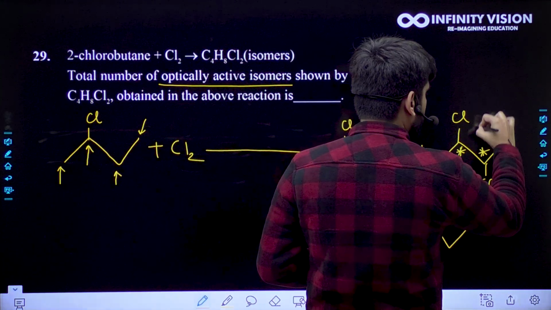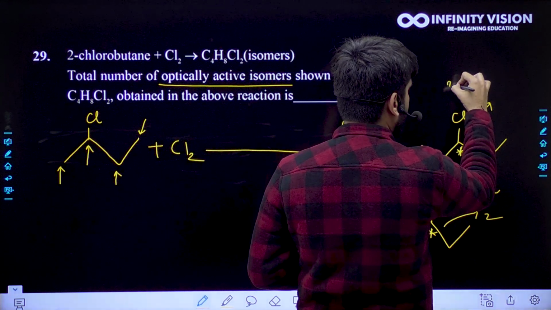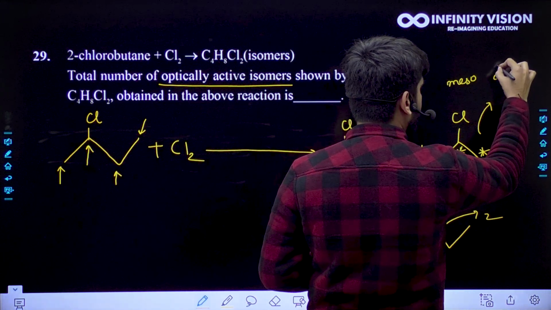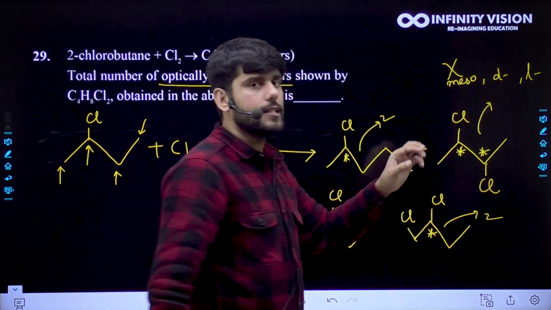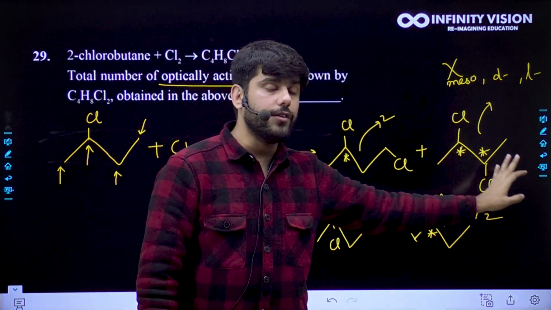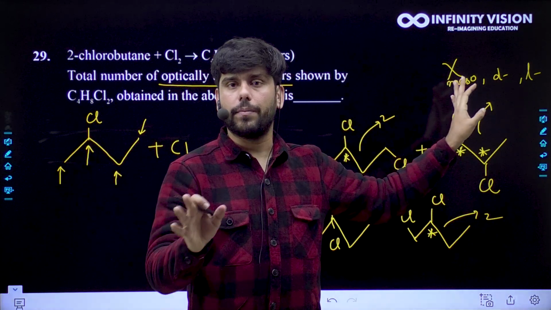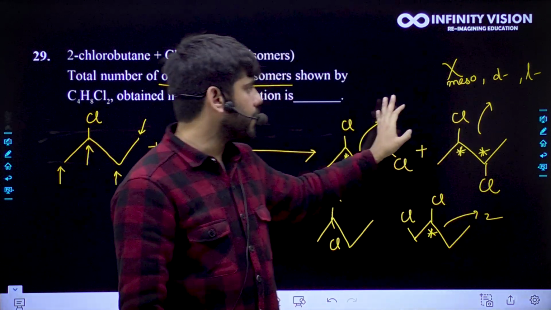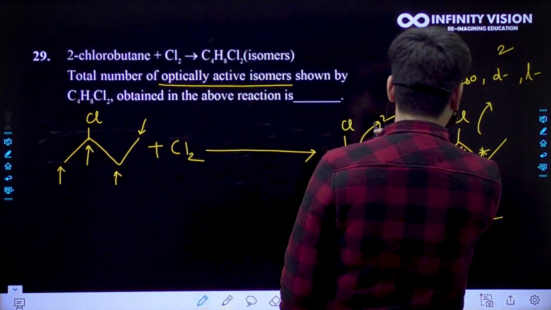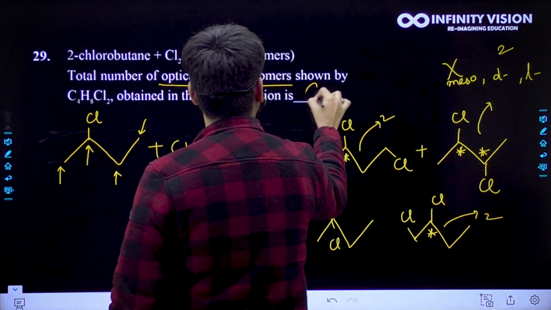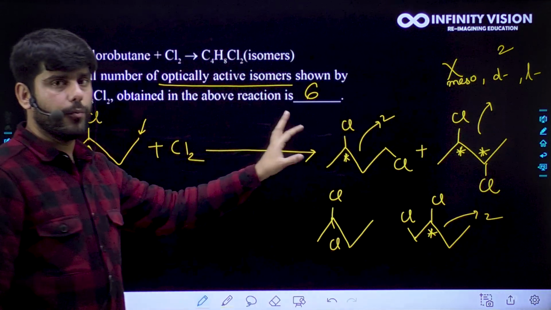So we have 3 types of isomers over here: meso, D form, and L form. But meso, despite these asymmetric carbons, is optically inactive because of the plane of symmetry. So we are negating it. So 2 from here, so we have 1, 2, 3, 4, 5, 6. So the answer is 6. I hope this is clear.